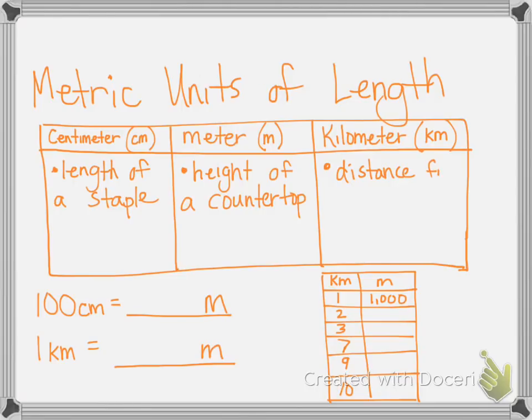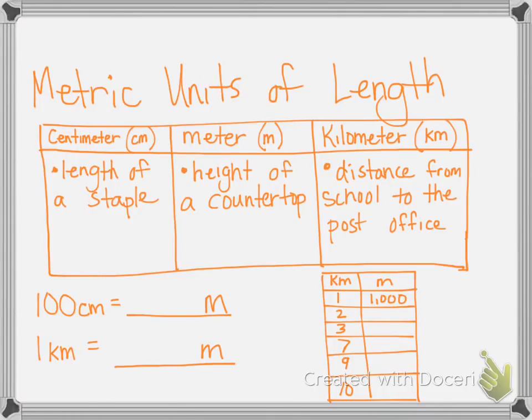Distance from, let's say, school to about the gas station or the post office. I'm going to say the post office, if you guys know where that is. Okay, so we start with centimeters, which is small, meters, which is a little bit bigger, and then you have your kilometers, which is pretty far distance.